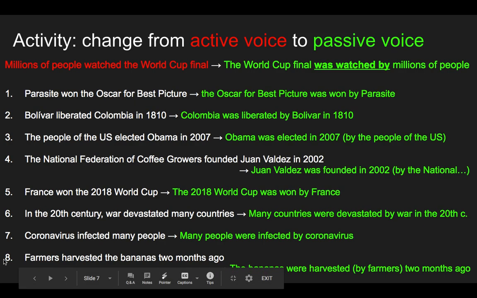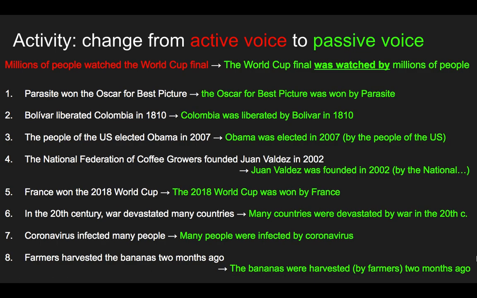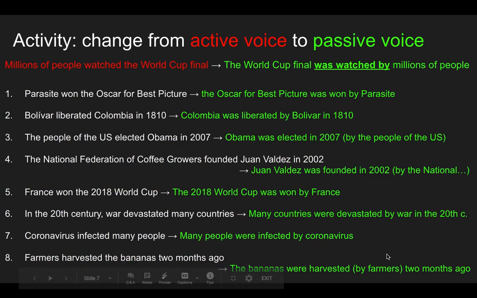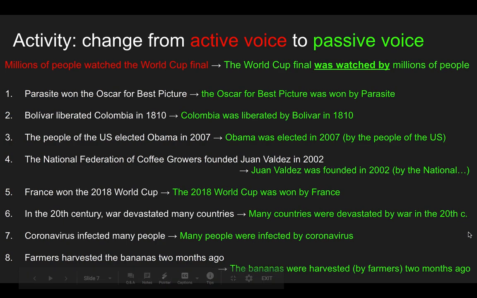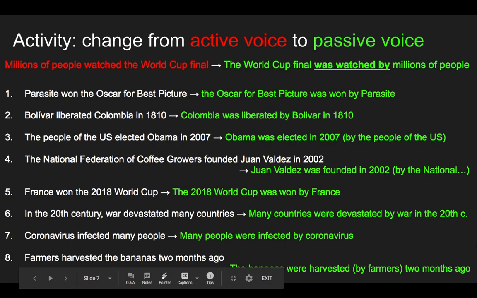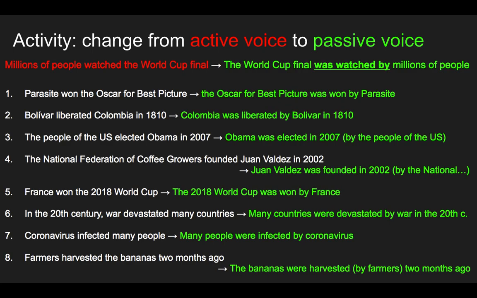Again, number 8 is a bit like 3 and 4 because it's kind of obvious that the farmers harvested the bananas. We don't really need to mention it because the focus, the most important part, is the bananas. And it's kind of obvious that it was the farmers who harvested them. So we can even leave this part out. So the bananas were harvested 2 months ago, or the bananas were harvested by farmers 2 months ago.